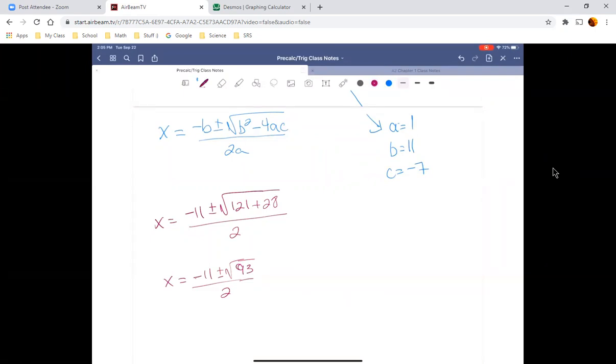Oh my goodness, we are adding, aren't we? Sorry. 149 gives you 12.2. I don't want approximations, I have to have exactness. Okay, 12.206, you're still approximating.